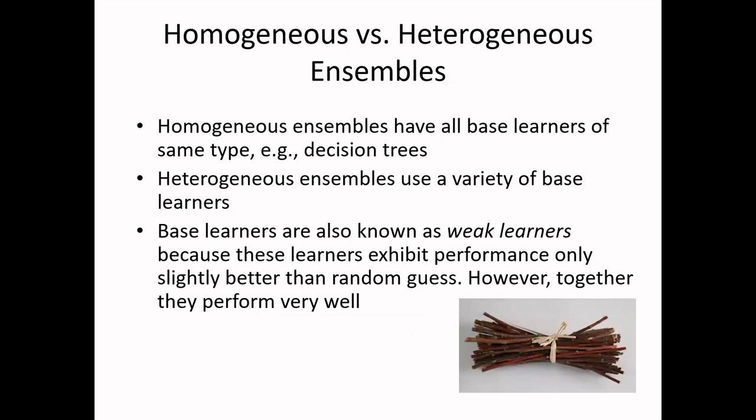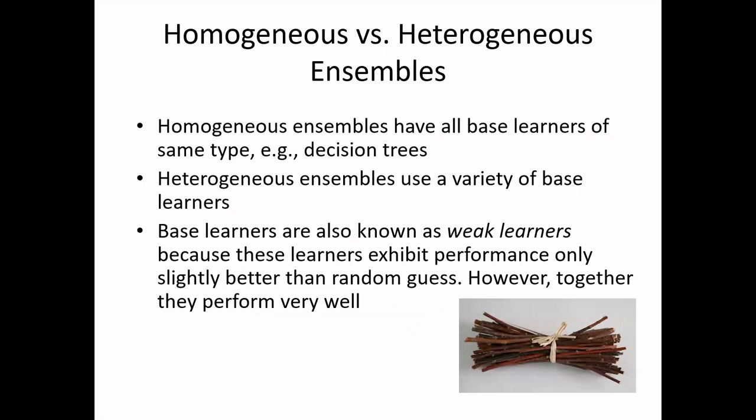Now, when we talk about multiple classifier systems or ensemble methods, we obviously have a number of different units that are participating in it. So the question is, what do we mean by a homogeneous versus a heterogeneous ensemble? All right.